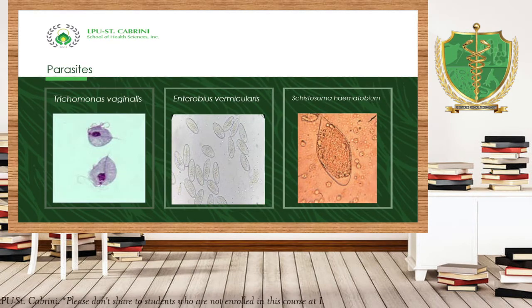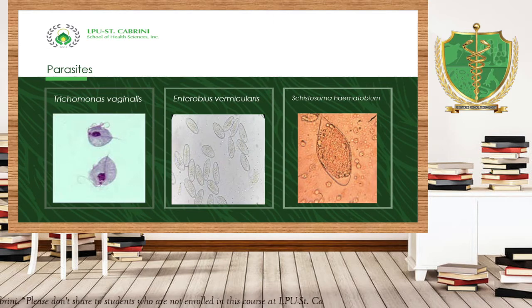Okay? So, as per parasites, no, akala nyo wala na si parasites, but parasites is still there. So, we have here Trichomonas vaginalis, Enterobius vermicularis, and Schistosoma haematobium. So, we all know that Trichomonas vaginalis and Schistosoma haematobium are originally seen in the urine.